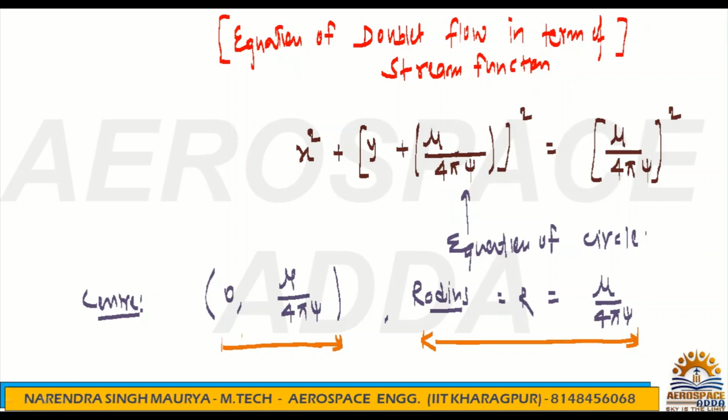Now, the equation of doublet flow in terms of stream function is written here, and you need to remember the center and radius. Mu is the doublet strength, psi is the stream function, x, y are the plane coordinates. Those are the only parameters here.